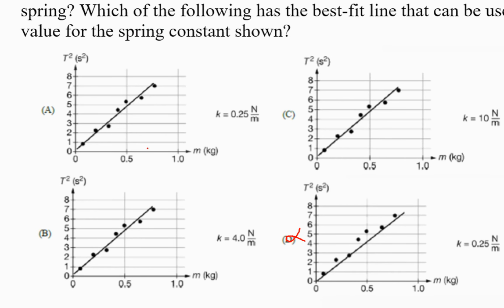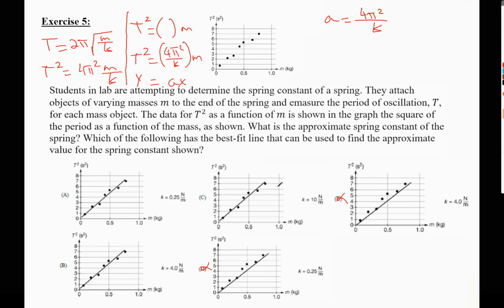If you notice carefully, the difference between the choices is the value of k. So what we're left with is just to calculate k. Now in order to determine k, we need to determine the slope. Let's refer to any curve. It's passing through the origin, so we can consider 0, 0. And let me say it's passing through this point, which is 0.5 kg and 5 seconds squared.